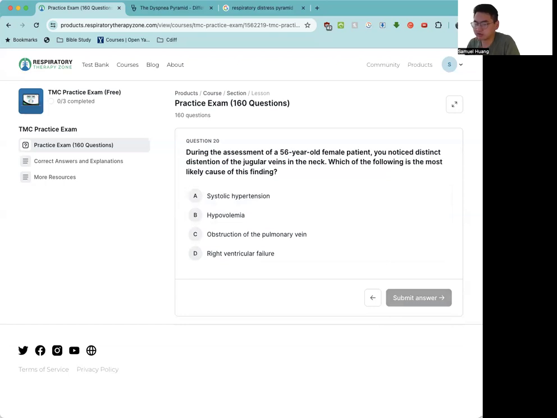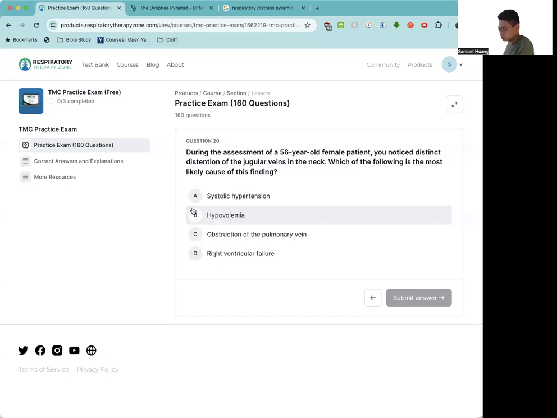So next one, 56-year-old female, distension of jugular veins. That's called JVD. JVD, we usually see that in states of volume overload. So perhaps this is a CHF problem, maybe a cirrhosis problem, maybe ESRD, a kidney problem.